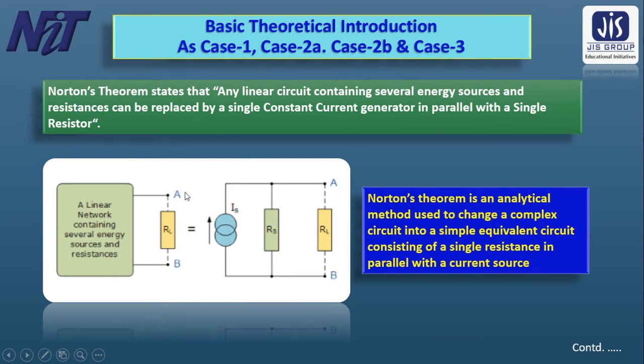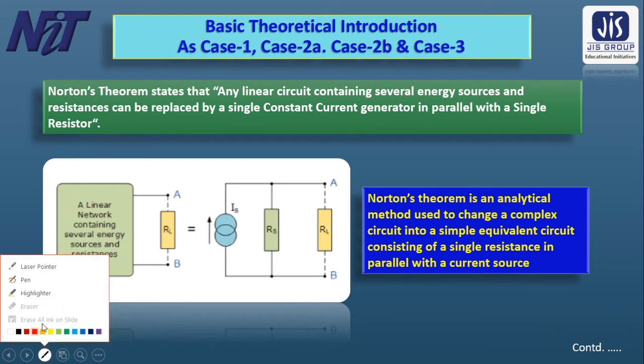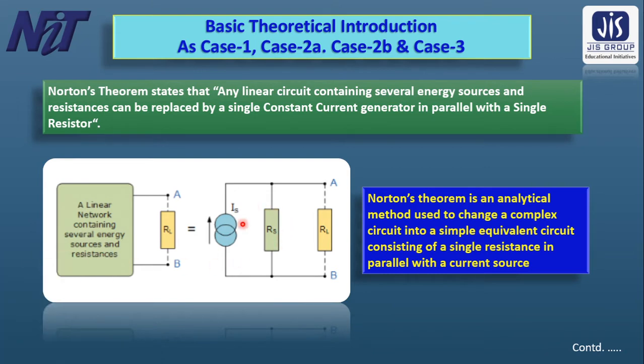If we convert this circuit into a more simplified circuit of this type, we can calculate the load current very easily. So Norton theorem is an analytical method used to change a complex circuit into a simple equivalent circuit consisting of a single resistance in parallel with a current source.